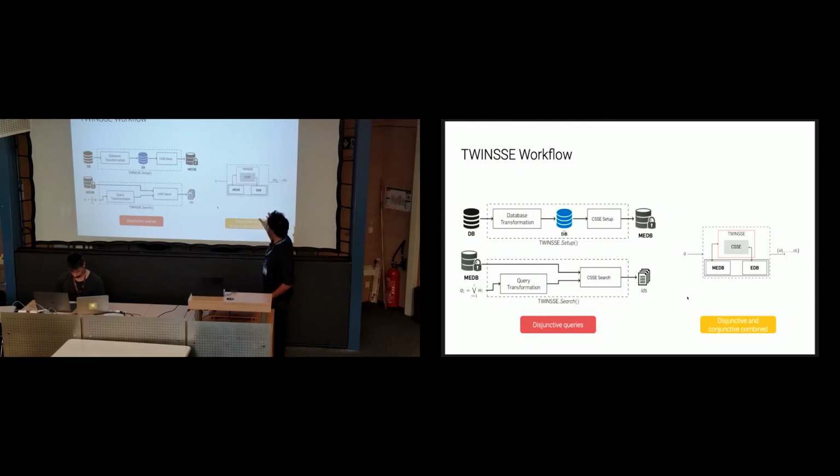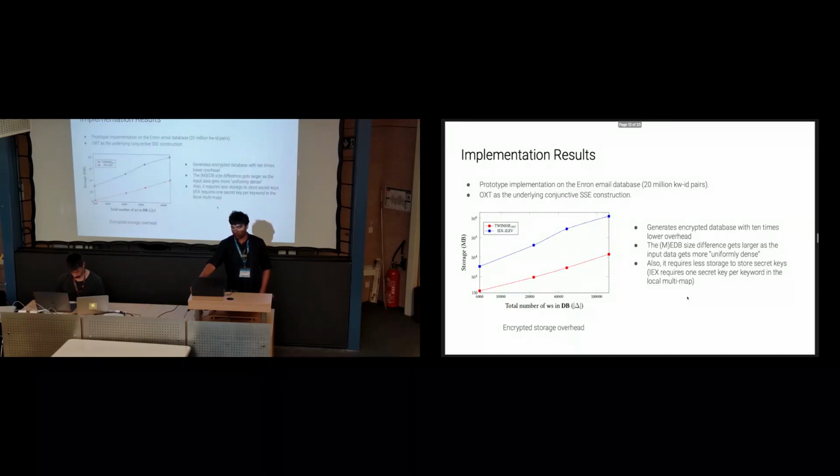And if you combine this in a single platform, since you are querying the database using a conjunctive SSE scheme, you can run conjunctive queries using the same algorithm that is underlying the disjunctive process. So you can combine that in a single platform without incurring an additional algorithm for conjunctive queries.